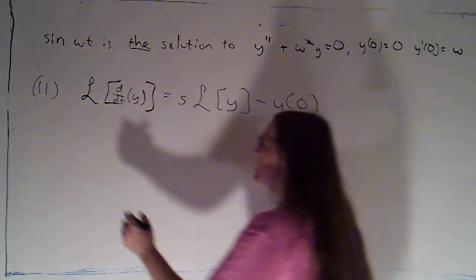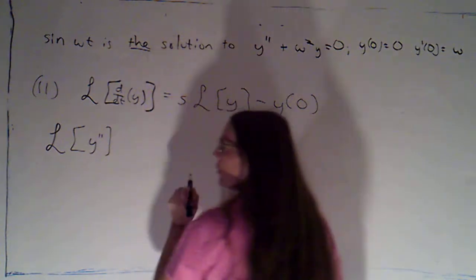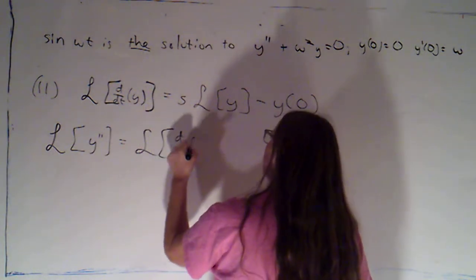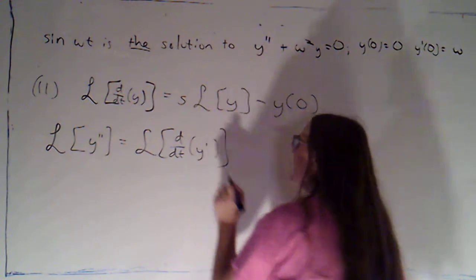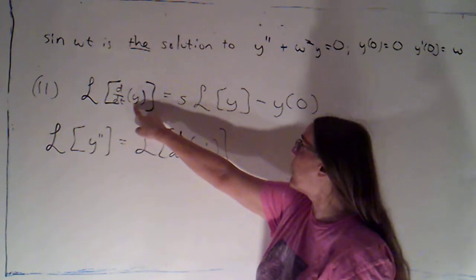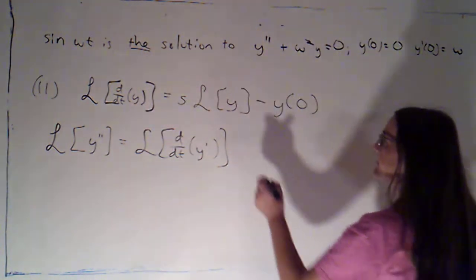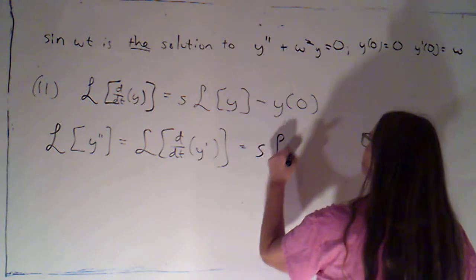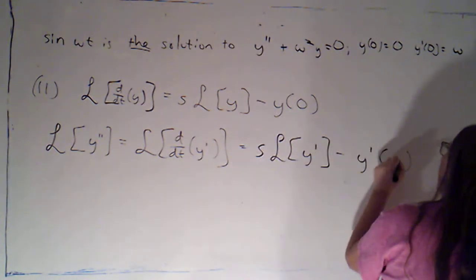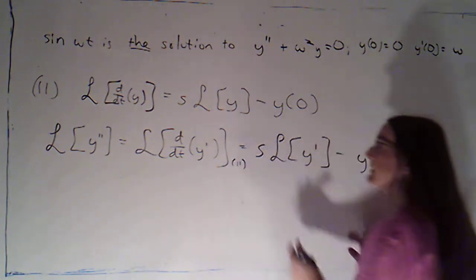So if I want to take the Laplace transform of y double prime, I'm just taking the Laplace transform of the derivative d by dt of y prime. So I've just got y prime in the place of y, and I'm going to get this formula with y prime in the place of y. So I'm going to get s copies of the Laplace transform of y prime minus y prime at 0. And that was just using formula 11.